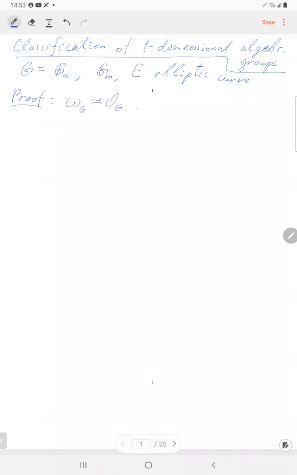And this is because the normal bundle to the diagonal delta in the square of our group is trivial.